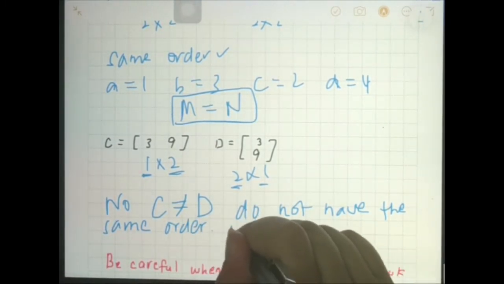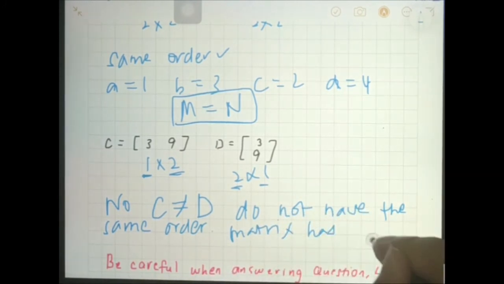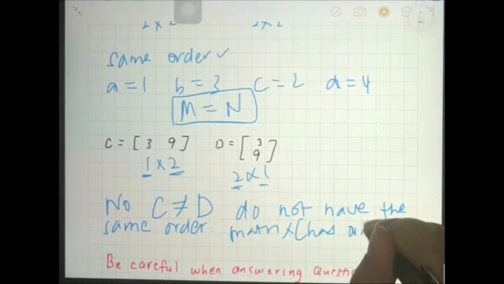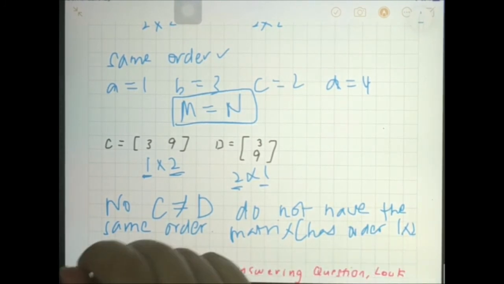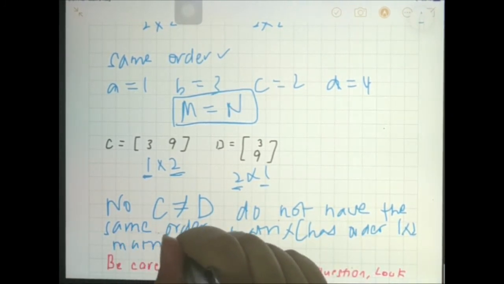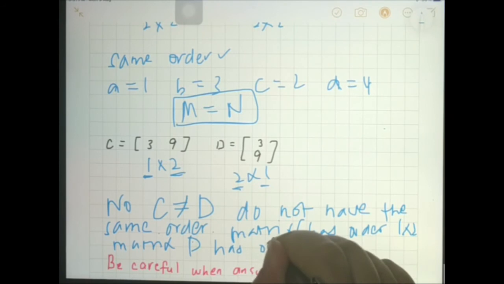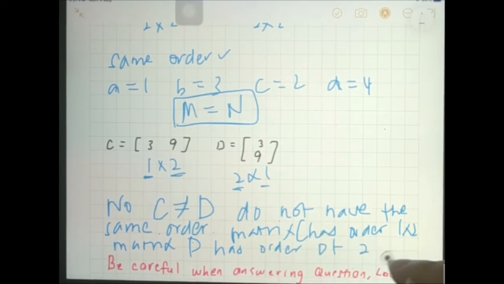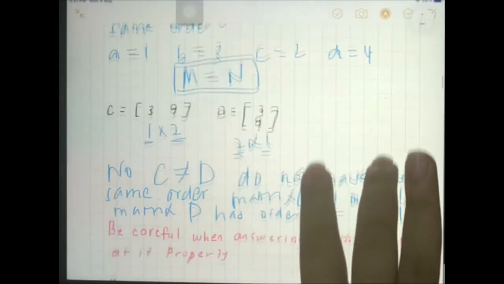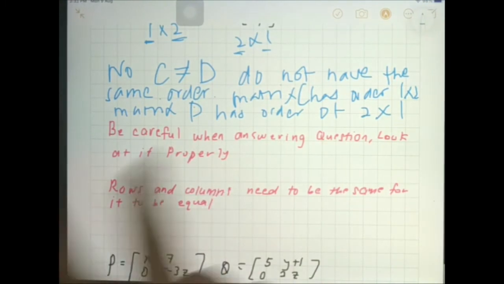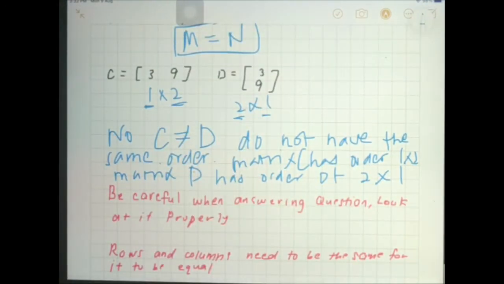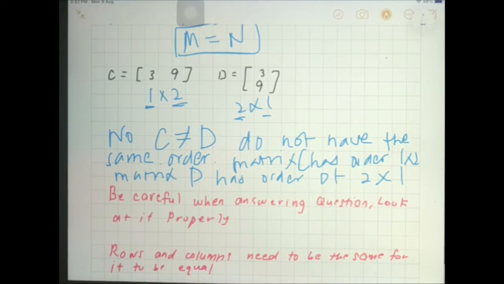Matrix C has order of 1 by 2, and matrix D has order of 2 by 1. Okay. Be careful when answering questions. Look at it properly. Rows and columns need to be the same for it to be equal.